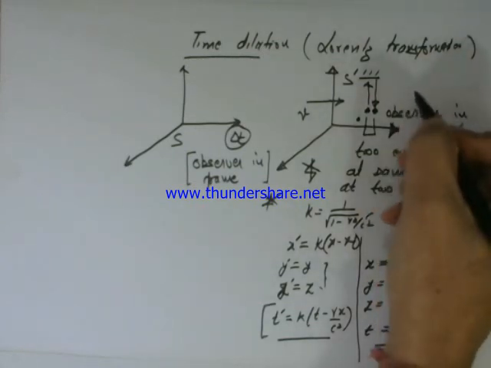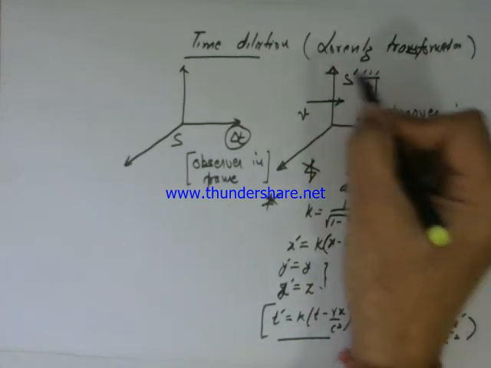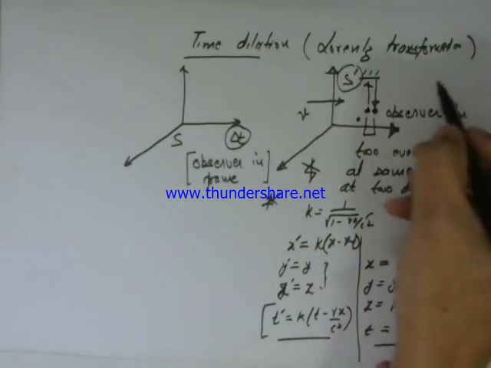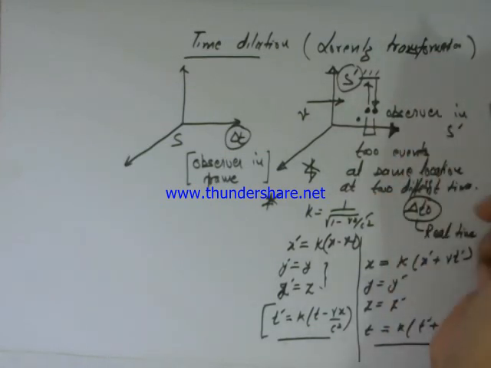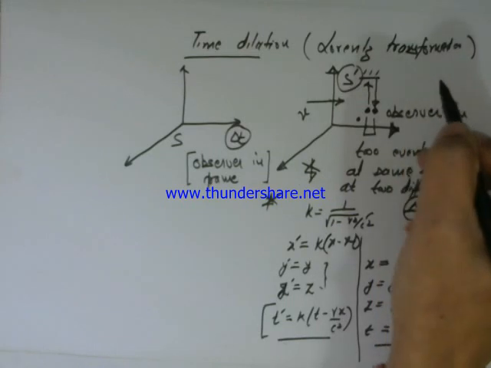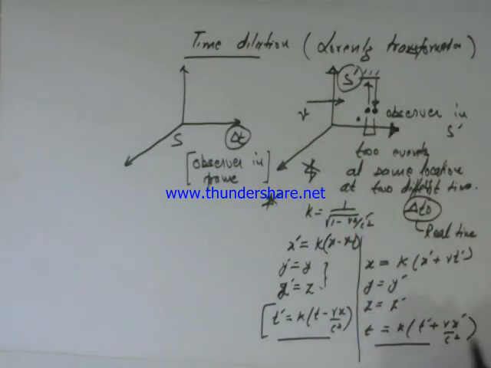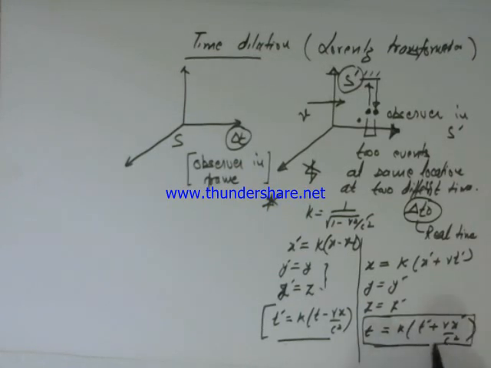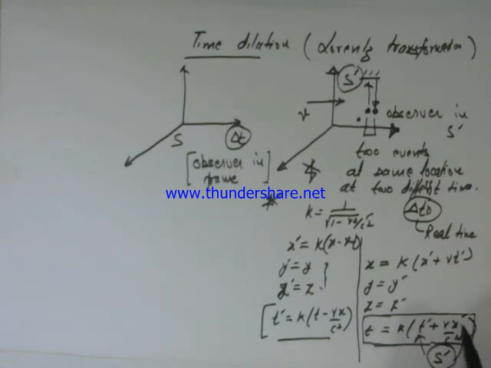We have a situation where the reference frame S dash is moving and we want to measure time at the same location in that reference frame. So when we use this transformation, we use the S dash reference frame having t dash and x dash both. X dash is the location and t dash is the time.